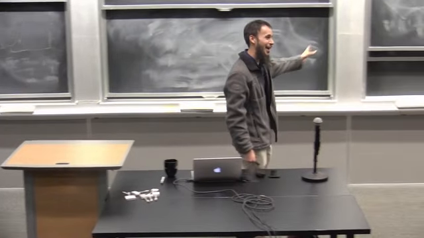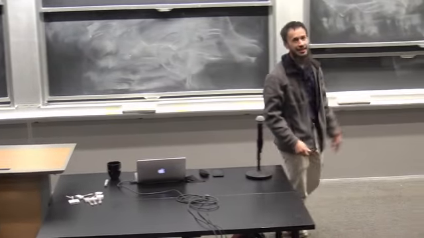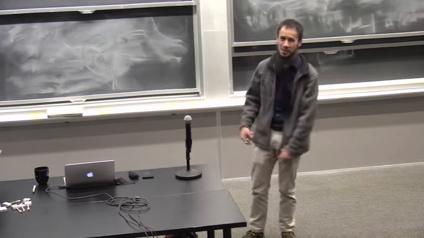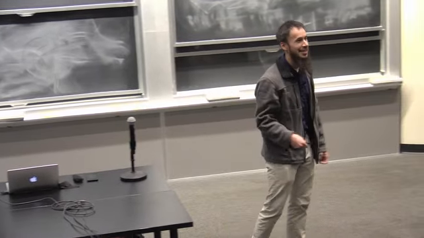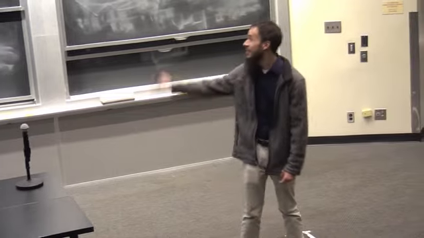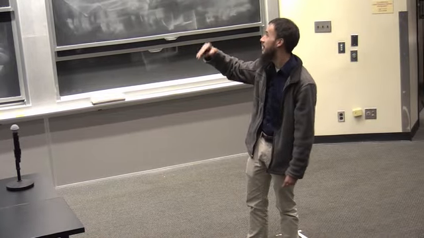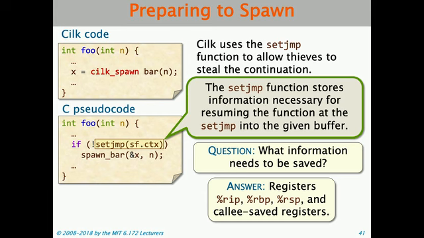This goes all the way back to that discussion in lecture, I don't remember which one, talking about the calling convention. These registers need to be saved, as well as the instruction pointer and various stack pointers. Those are what gets saved into the buffer. The other registers, well, we're about to call a function. It's up to that other function to save the registers appropriately. So we don't need to worry about those. Sound good? Any questions about that?